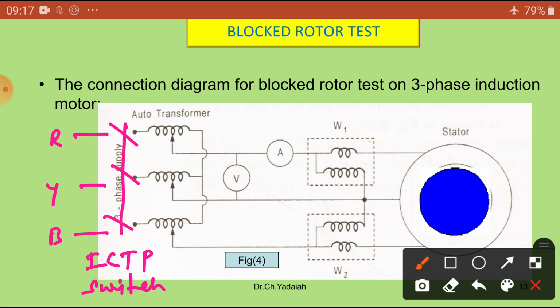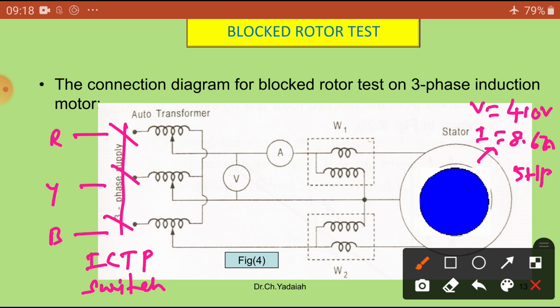Let the nameplate details be V equal to 410 volts, and ISC equal to the rated current, equal to 8.67 amperes. Take this as, for example, a 5 HP motor.